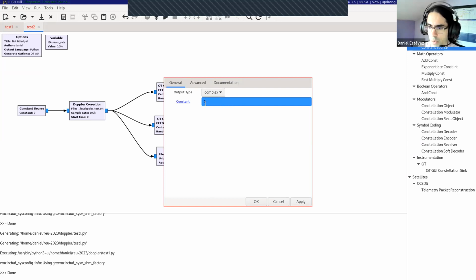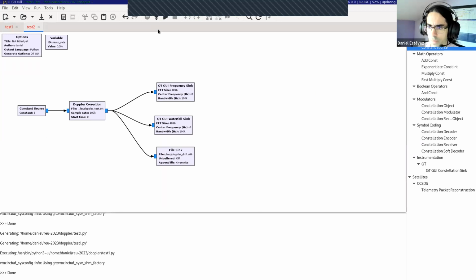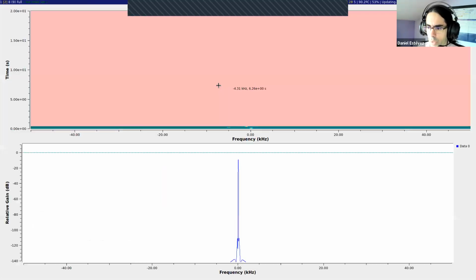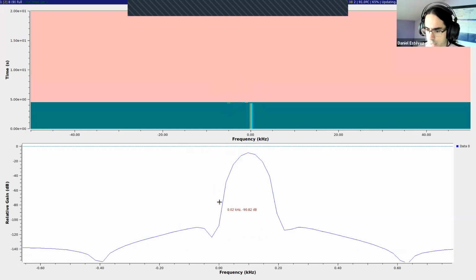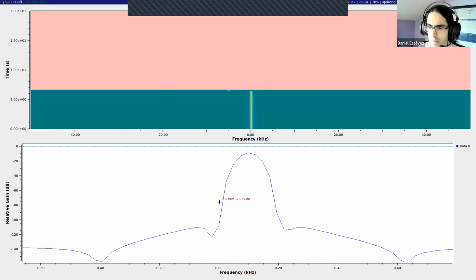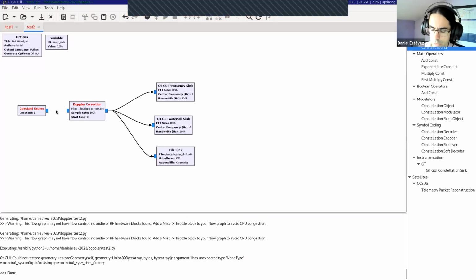So the phase here is 0, and the amplitude is 1. I set this as 1, but it could also be minus 1 or any other complex number of amplitude 1. And when I do this, what I can see is that what has happened, I'm missing a throttle block.